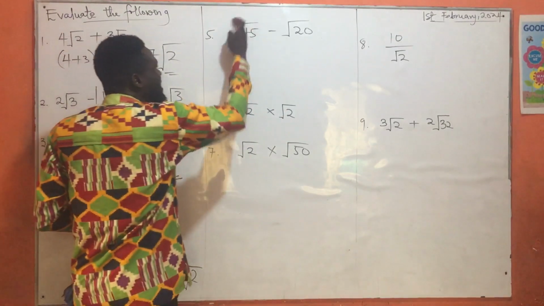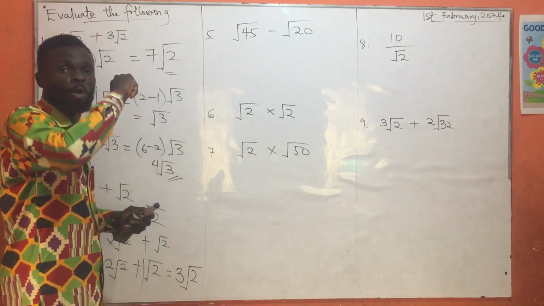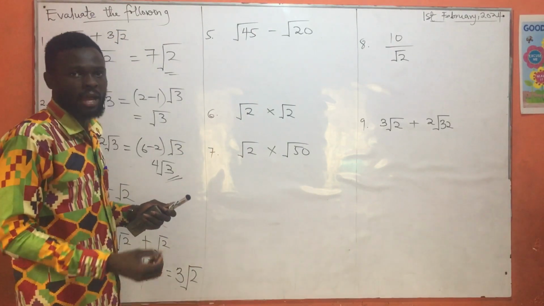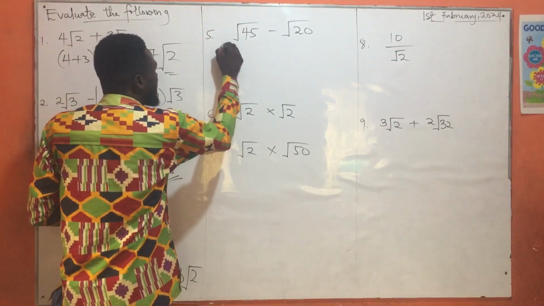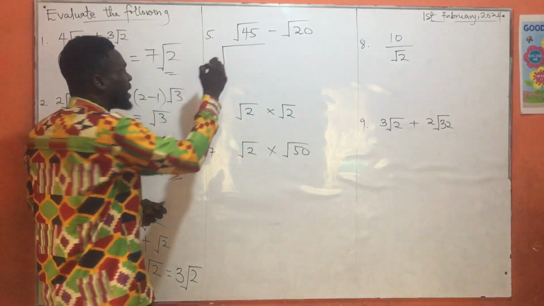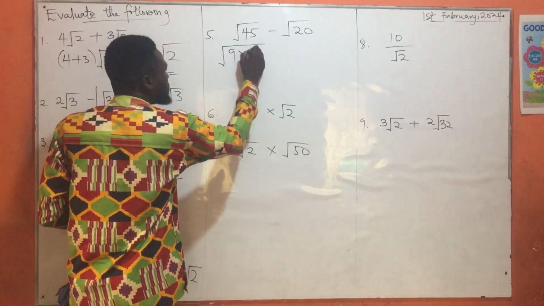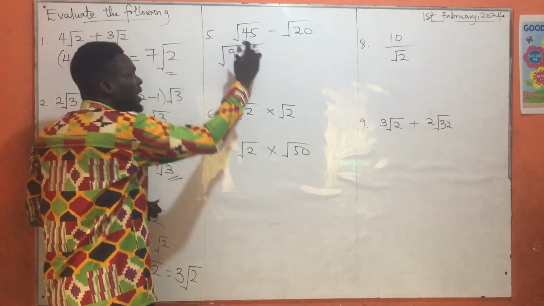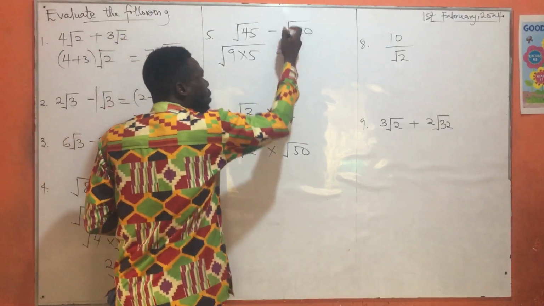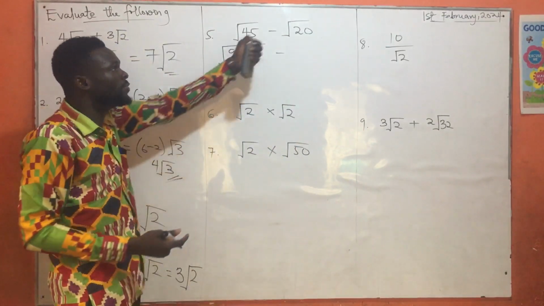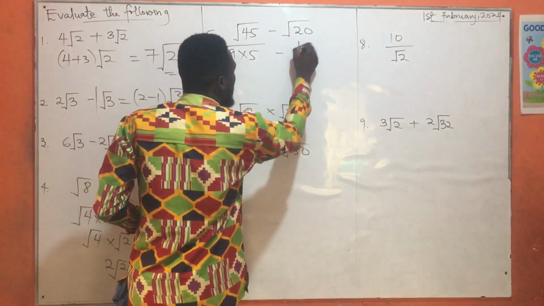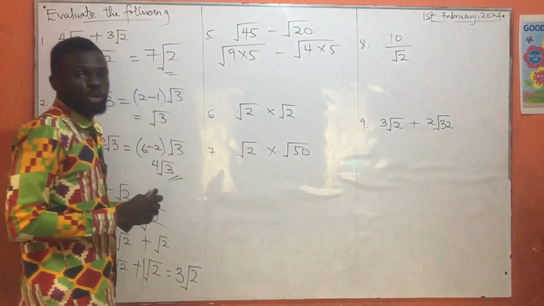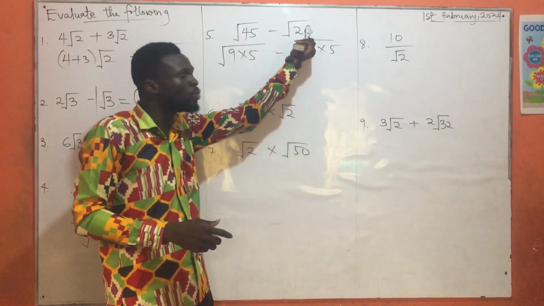Converting surd 45 into a basic form will give you a square number times a certain number. So we are going to say the square root of that square number, which is 9, times 5. You notice that 9 times 5 is 45. Then minus a square number times a number that will give you 20. So we have the square root of 4 times 5. So 4 times 5 is 20.